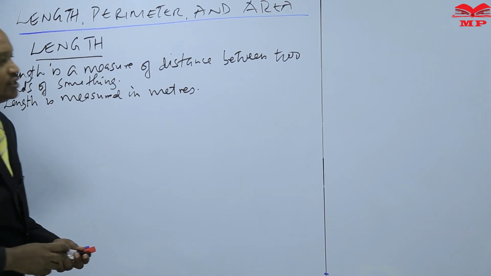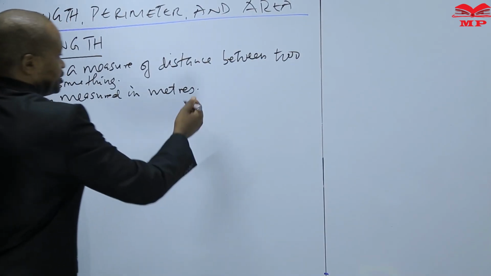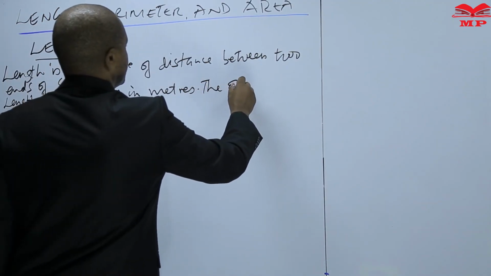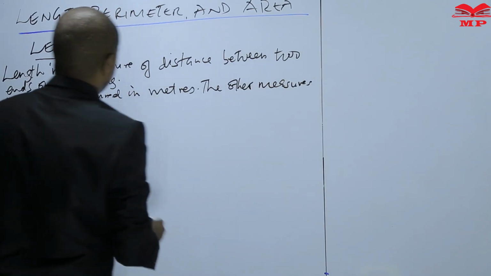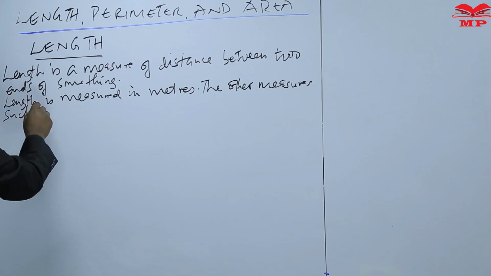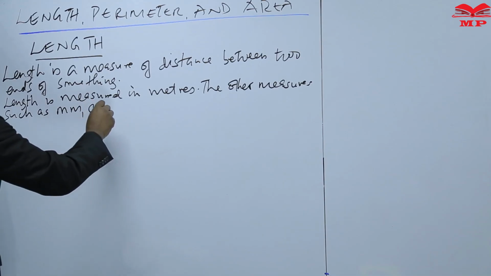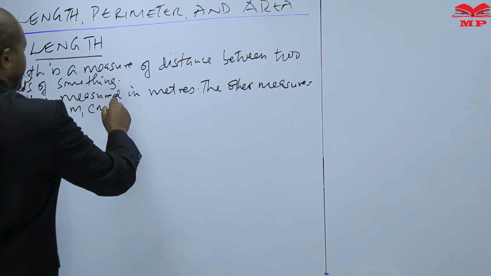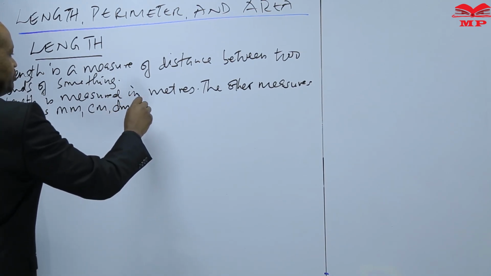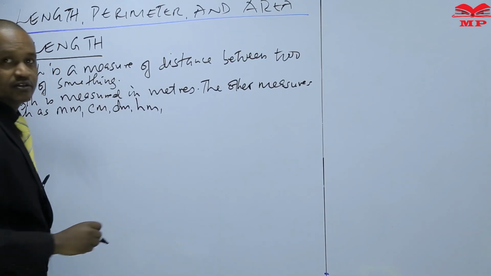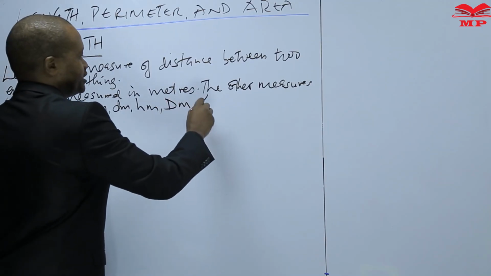There are other measures such as millimeters, centimeters, decimeters, hectometers, decameters, kilometers.